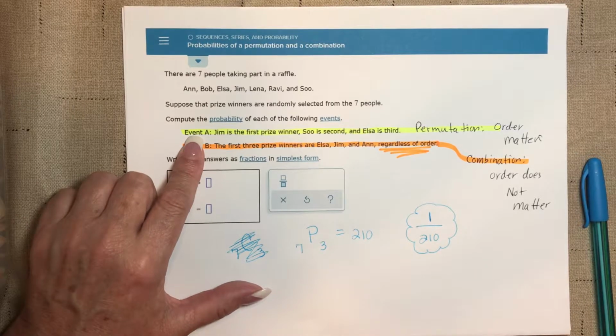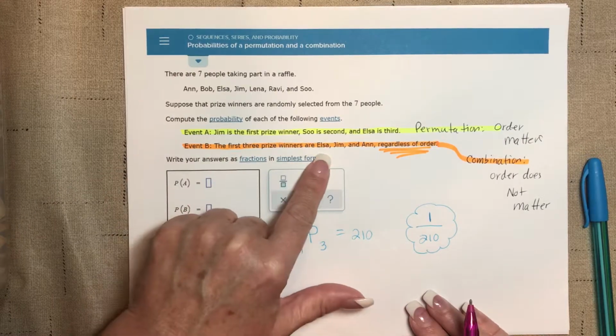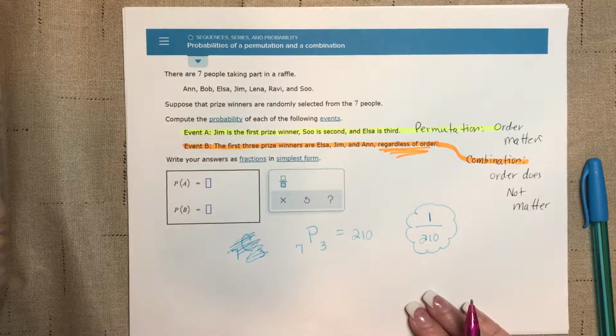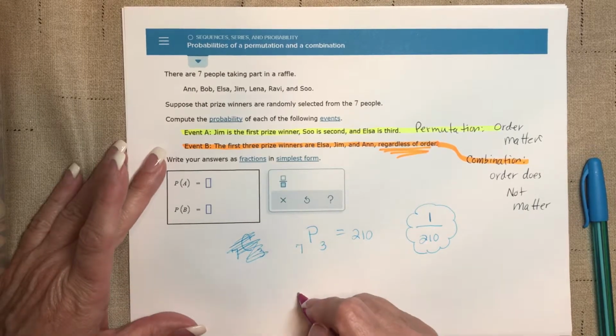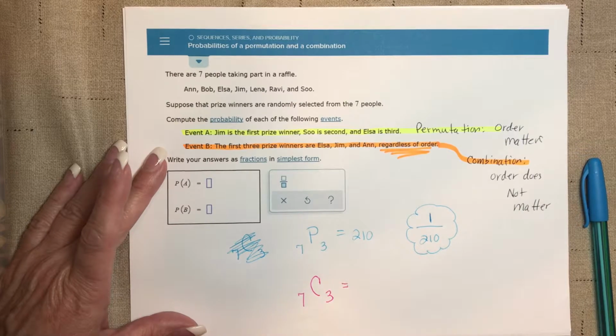And then the second one is the first 3 prize winners are Elsa, Jim, and Ann, regardless of order. So this is just a combination. With combinations, there won't be as many ways for this to happen. We're still dealing with 7 people, but I'm looking at combinations of 3.